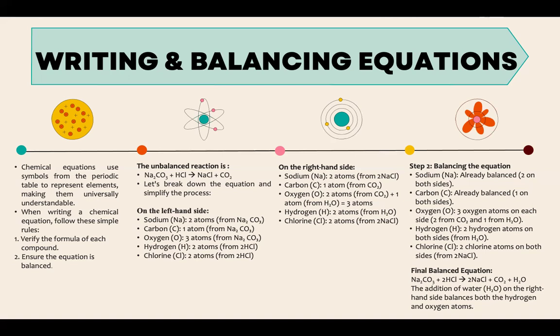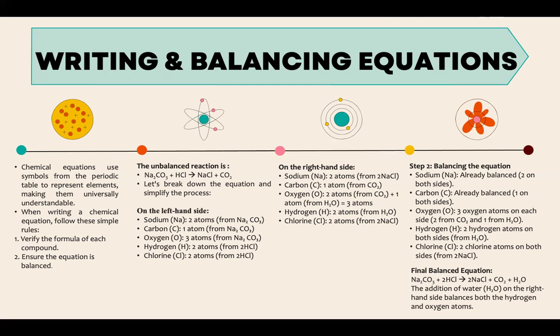Carbon consists of one atom from Na2CO3. Oxygen is equal to 3 atoms from Na2CO3. Hydrogen consists of 2 atoms from 2HCl.